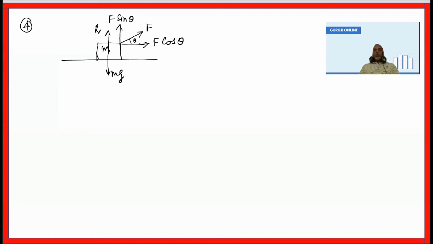Now this block is moving with acceleration A on a frictional surface. Then naturally there will be a friction force in the opposite direction of the movement, and in that case, what will be the conditions?